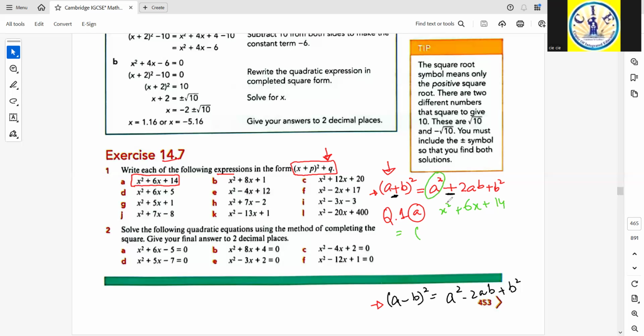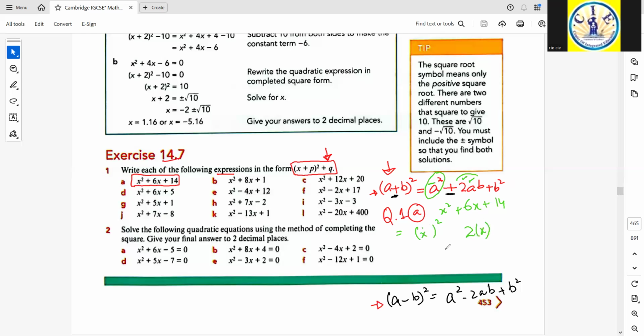Here we are having x squared, which is the square of x. Then there is a term 2ab. So 2 is there in the formula, times a. A stands for the first term. In this case, the first term is x.